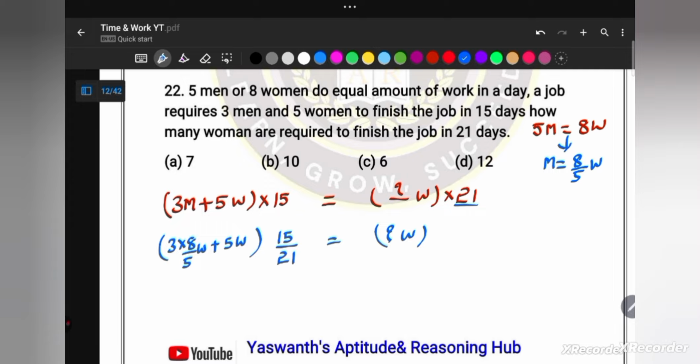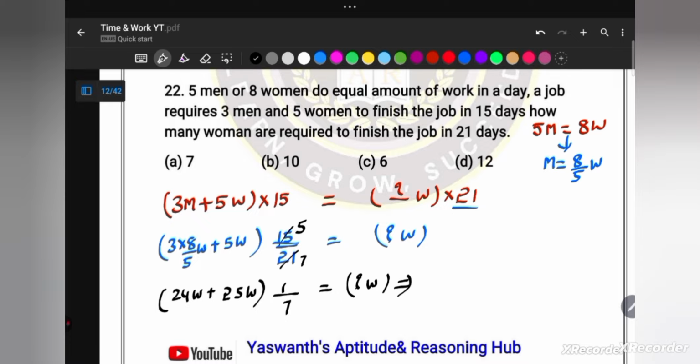Upon the cancellation, 3 5s, 3 7s. Now by multiplying the 5 inside, 5 gets cancelled: 3 8s are 24 plus 5 5s are 25 women by 7, which is our required number of women.